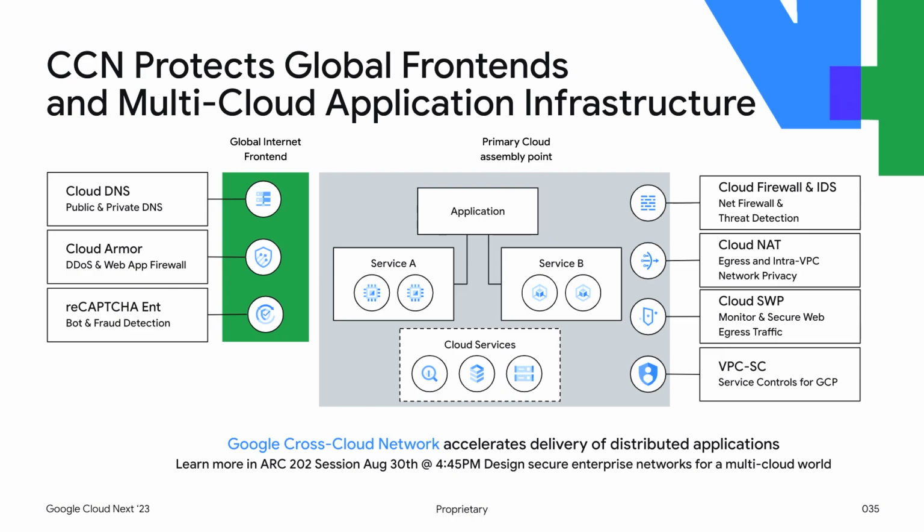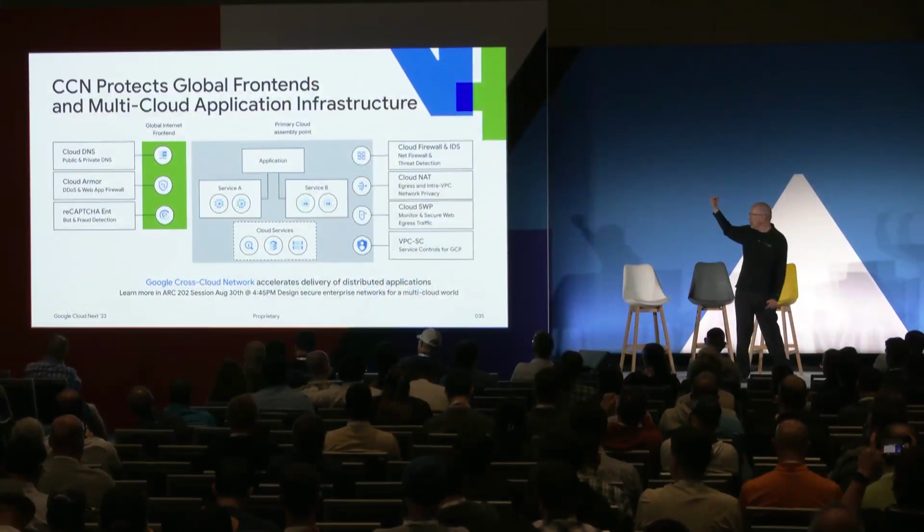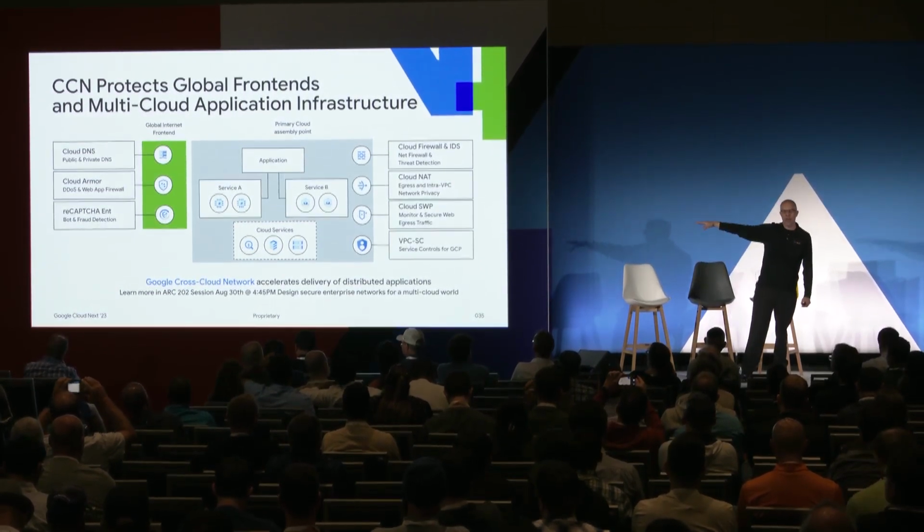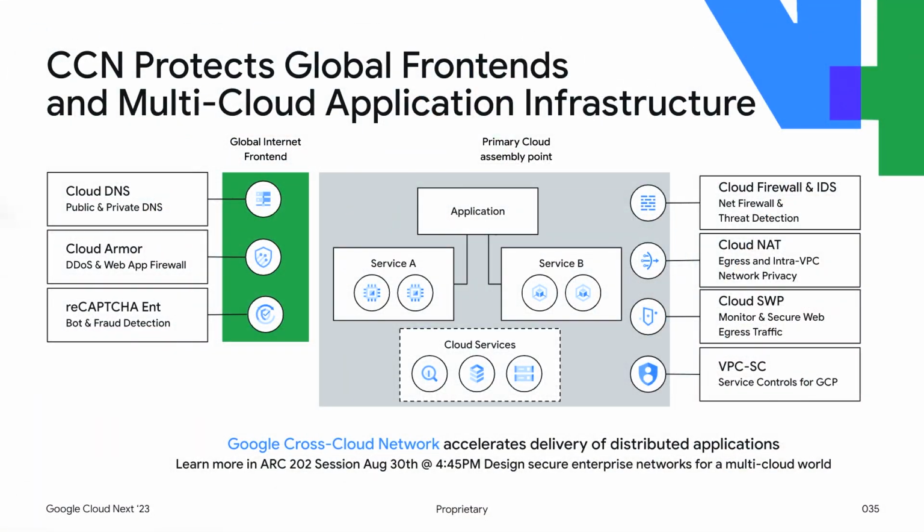Firewall and IDS, along with the great new stuff we're announcing at the show, really the evolution to Cloud Next-Gen Firewall with the Palo Alto Networks technology. Cloud NAT for network privacy, Cloud SWP for egress web and egress traffic to other clouds, and then VPC Service Controls.